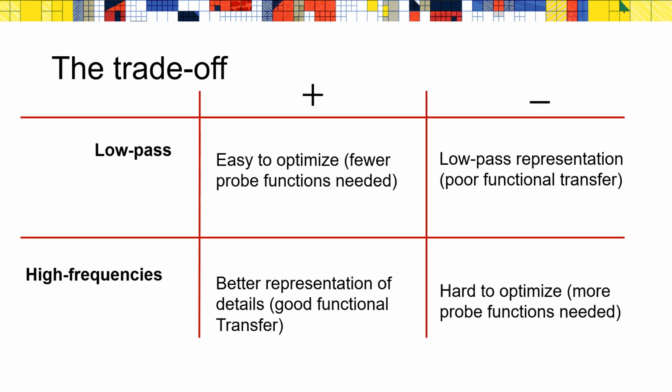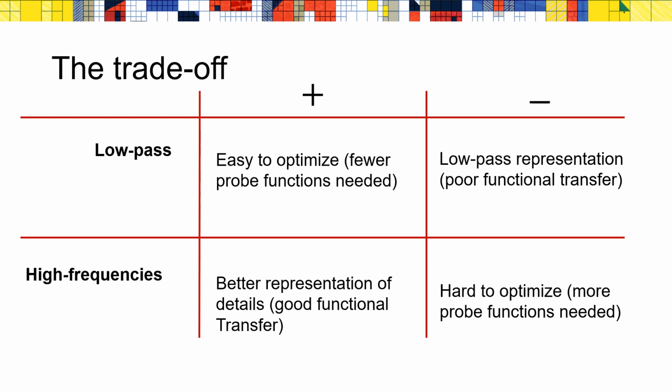So in shape correspondence, we have a trade-off between the number of Fourier bases that are considered and the quality or the complexity of the solution of the point-to-point matching problem.